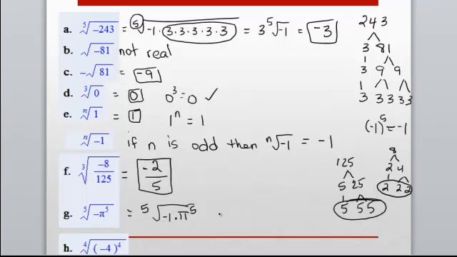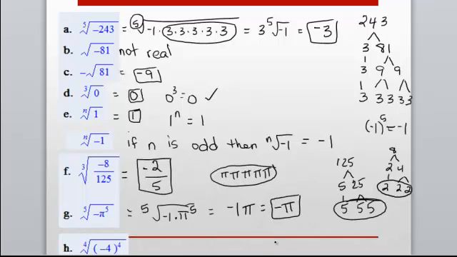But we already know the 5th root of -1 is -1. Well, how about the 5th root of pi to the 5th? Pi to the 5th means 1, 2, 3, 4, 5. They're escaping in groups of 5, but only 1 survives. So it's -1 pi, or just -pi.